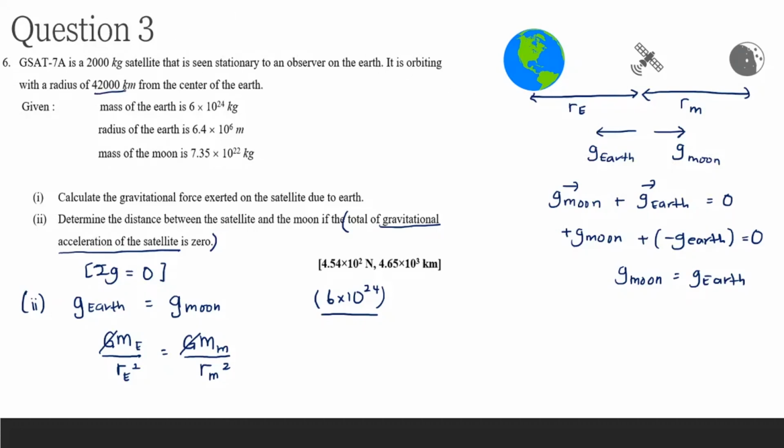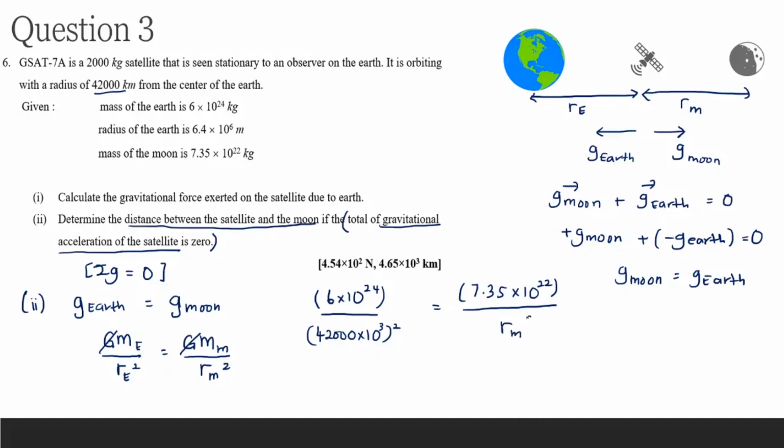Radius of 42,000 kilometers from the center of the Earth. Ini adalah distance satellite tu. So kita boleh substitute 42 times 10 to the power of 6 squared equals mass of the Moon 7.35 exponent 22 divided by, nak cari R_M. Okay, kita nak cari distance between satellite and the Moon.